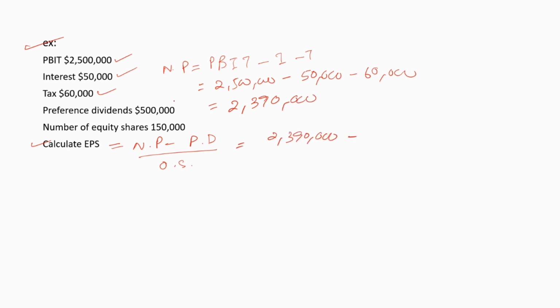What is the preferred dividends? This amount, 500,000. What is the number of equity shares? 150,000. So the earnings per share is equal to 12.6. This is dollars per ordinary share.